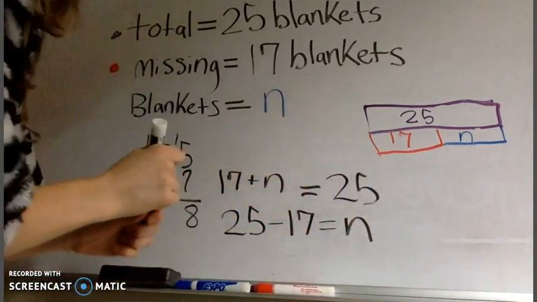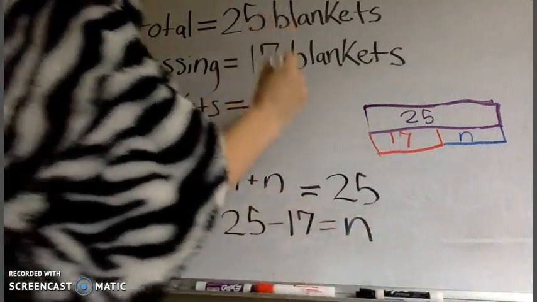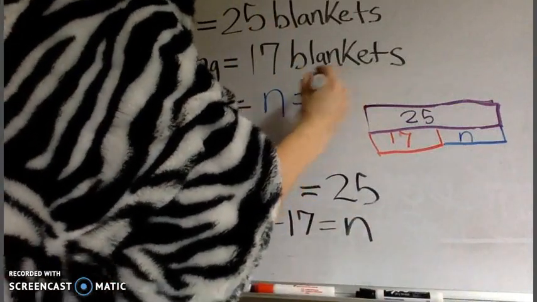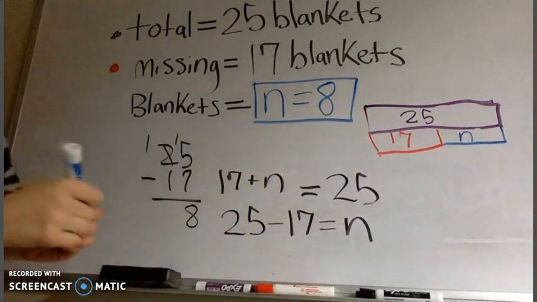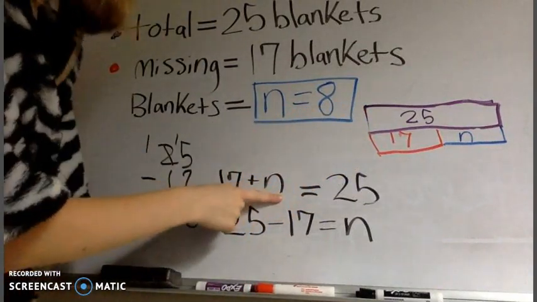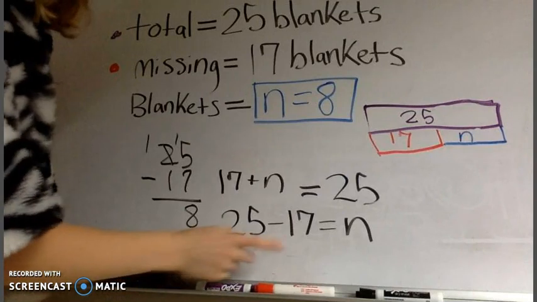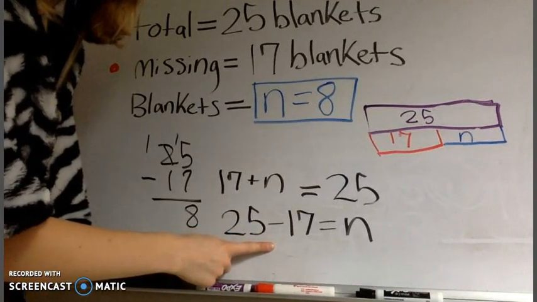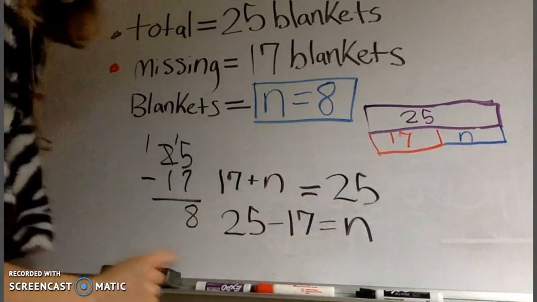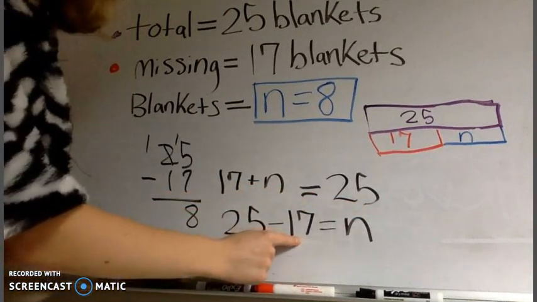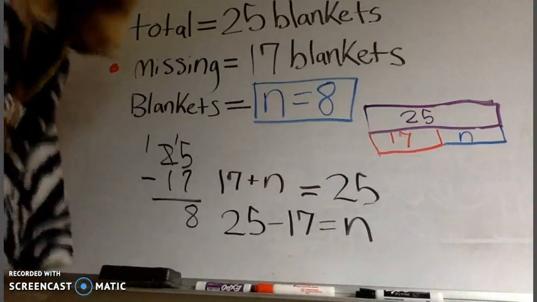So our N equals 8. So you could either set it up with addition, or you could set it up with subtraction and you would get the same answer. 17 plus 8 equals 25. 25 minus 17 equals 8.